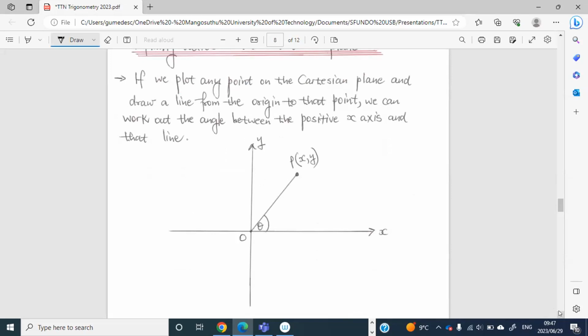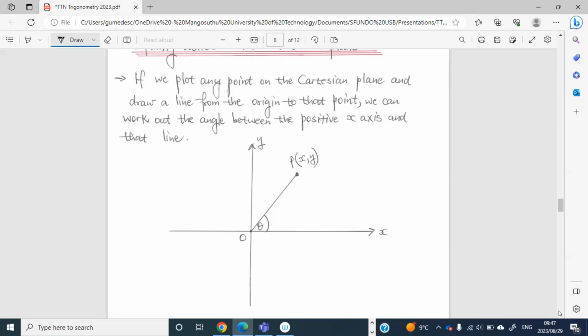The Cartesian plane has the X and Y axis, X horizontal, Y vertical. You can put any point at any part of the Cartesian plane and then define trigonometric ratios using that point. In this example I put a point P here.